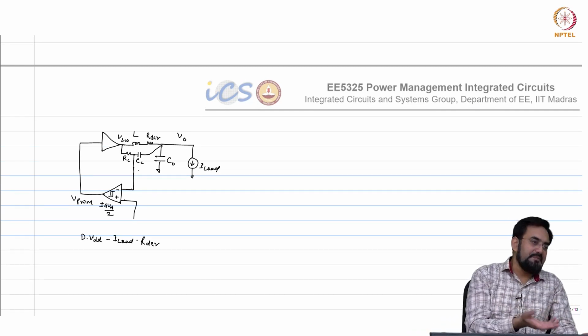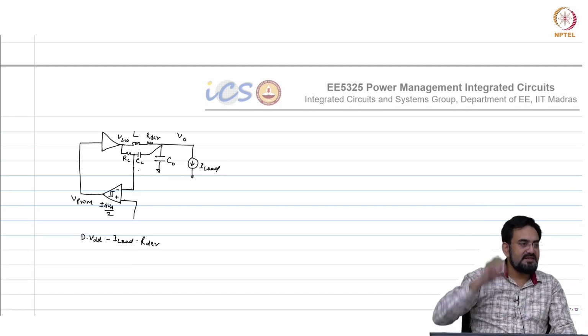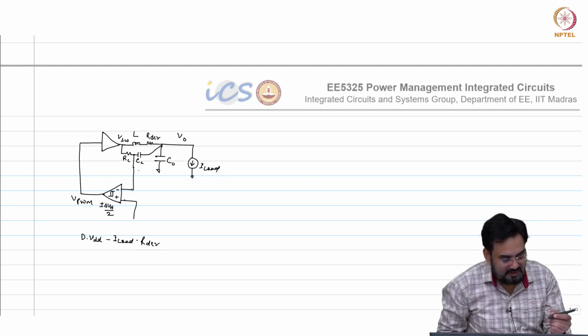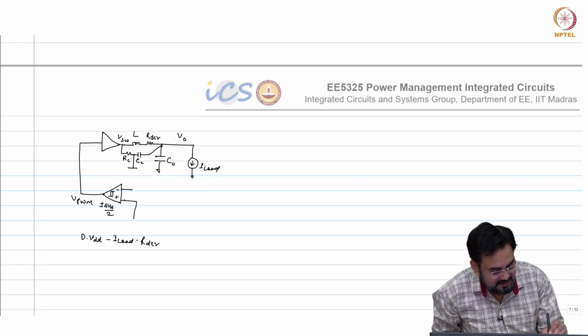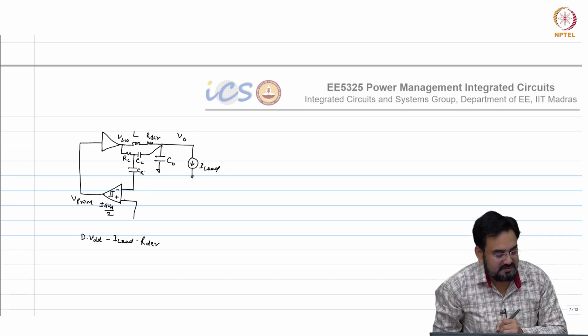I am interested in the ripple as such. Why don't I just simply extract the ripple and leave the DC? How can I do that? I just need to add one more capacitor. Let us call it CR.